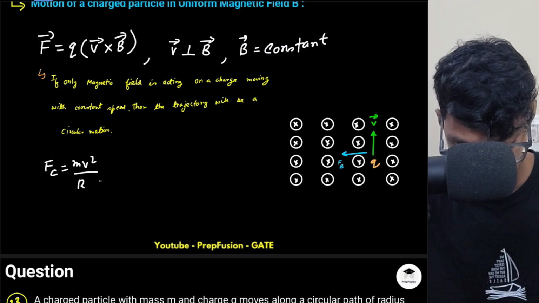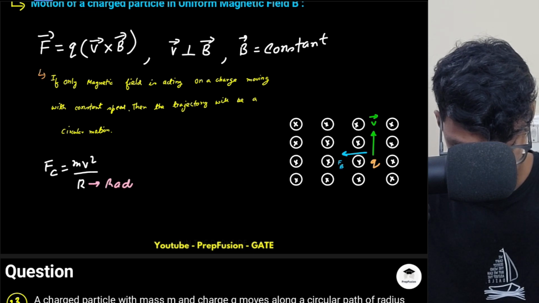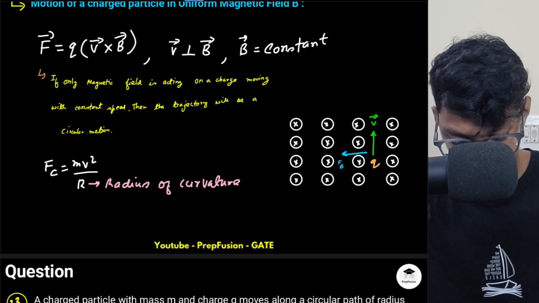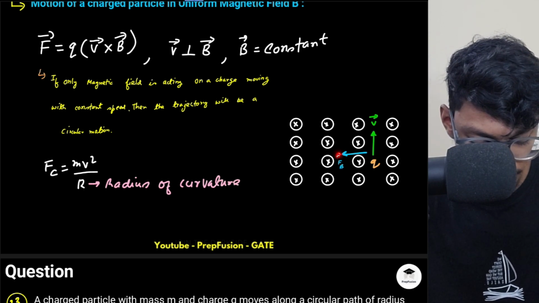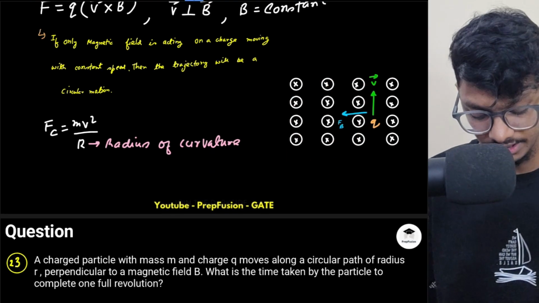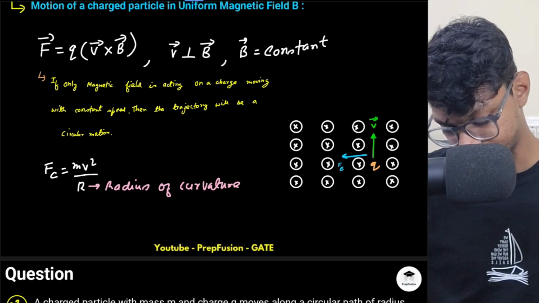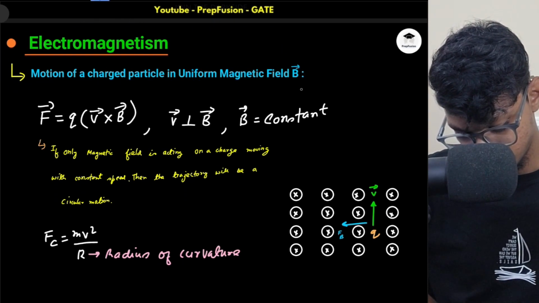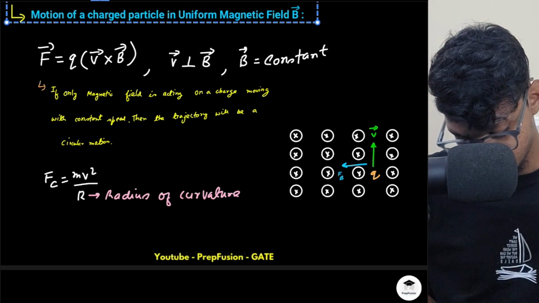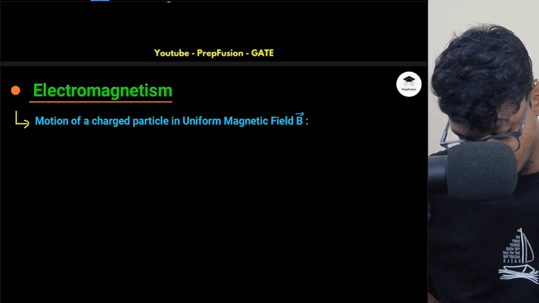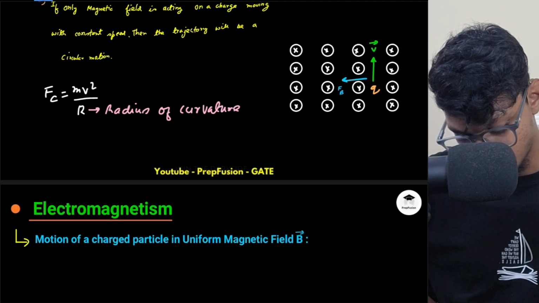They can ask the radius of curvature. So basically, radius means about the point where it will just do the uniform circular motion. So here I can derive a few expressions. What I can derive is that simply, if I just equate this, right, what is Fc?